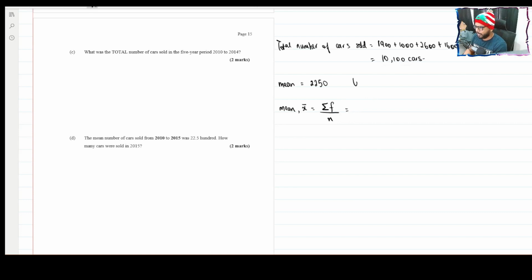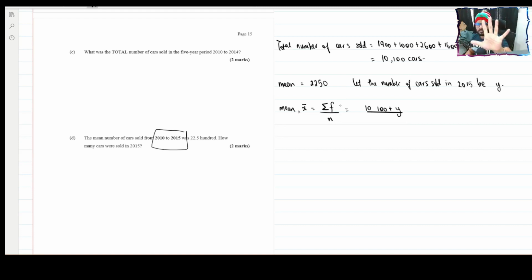or the sum of all the frequencies, and we have the sum of all the numbers here. Now, if I let the number of cars sold in 2015 be, let me say, y, then 10,100 plus y divided by the number of years. The number of years for this time period will be 2010, 2011, 12, 13, 14, 15, which is 6 years.